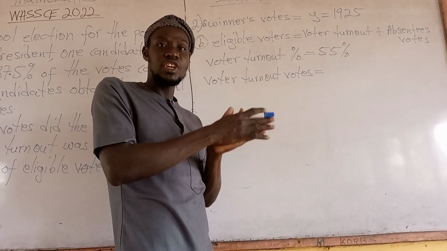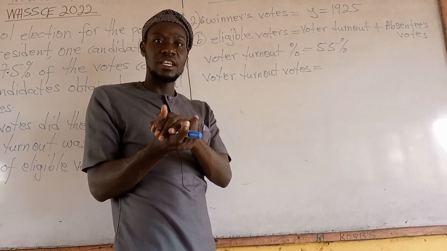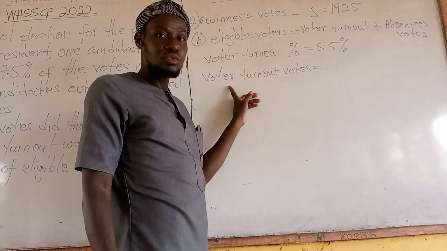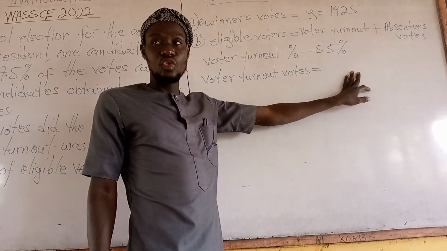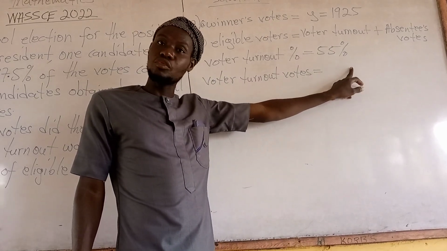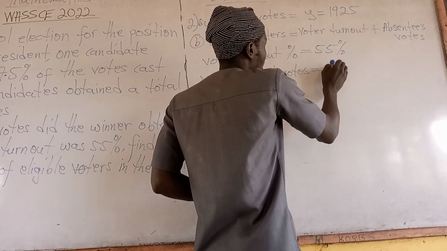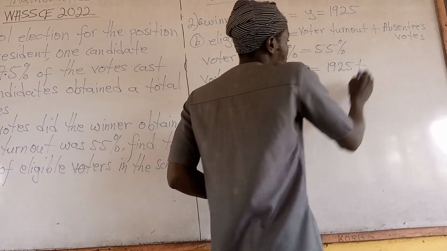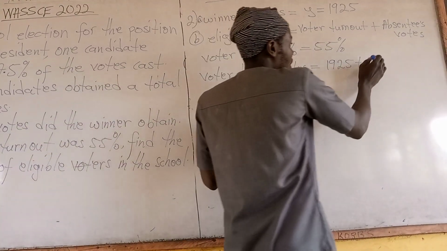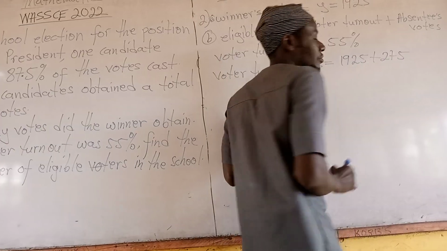That led to the winner and to the others. Then this will add their votes. So the voter turnout votes will be the winner's votes plus the others' votes. And we realize that the winner's votes is 1,925 plus the others. The others will be 275 votes.